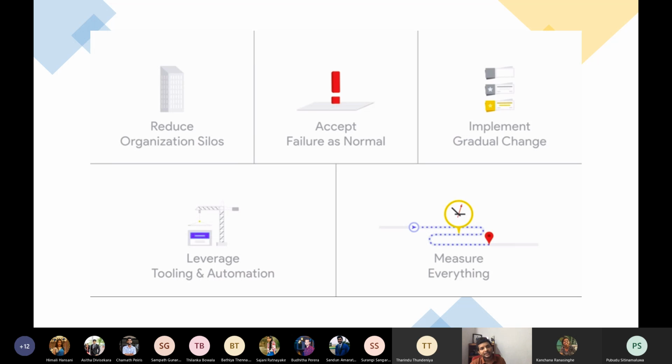And then the second problem that any organization is trying to solve is accepting failure as normal. Even though some managers say, no, this system has to be perfect, there can't be any bugs in the system, you can't really implement a near perfect system. If you want a perfect system, you have to stop all the feature delivery, as well as have no customers at all.